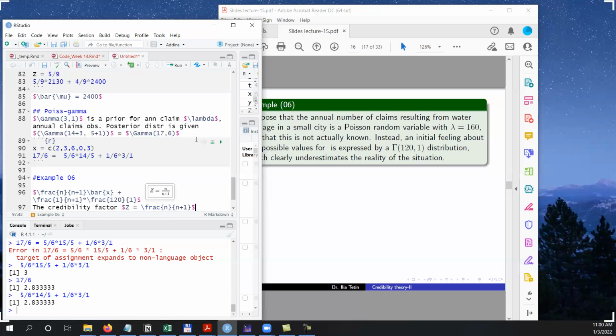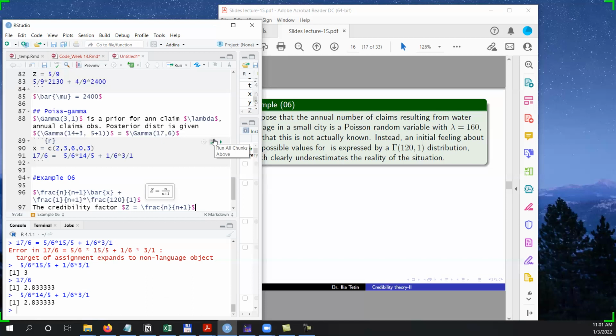And in this instance, this is crucial since the prior information on lambda gives little credence to values as large as the actual value of 160. However, had one used a more precise prior for lambda with the same mean, then convergence of the credibility to 1 would be slower.